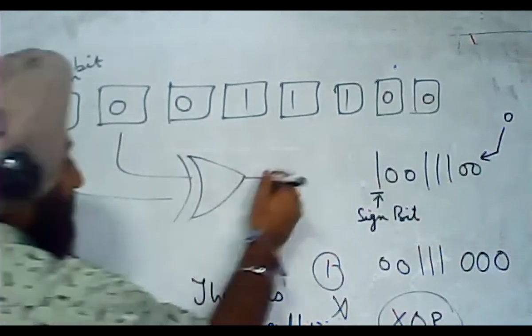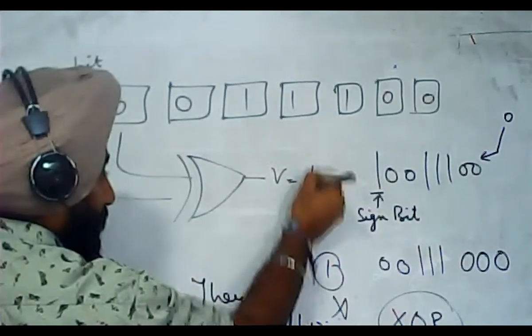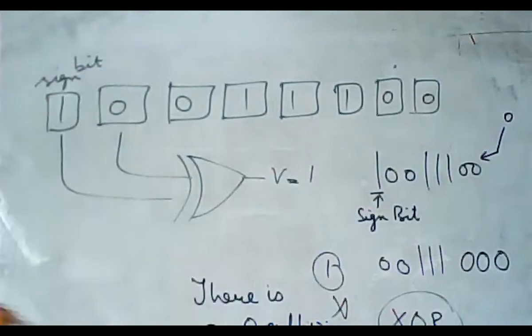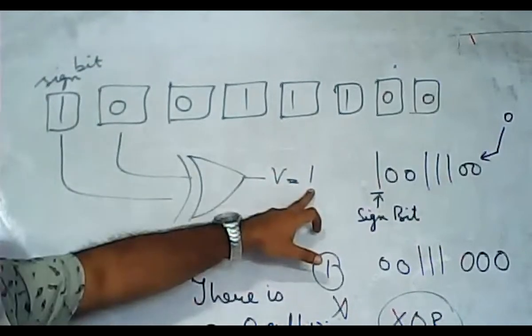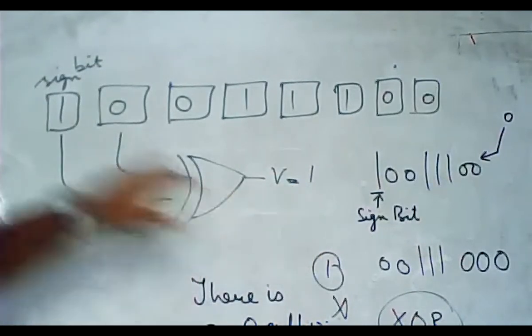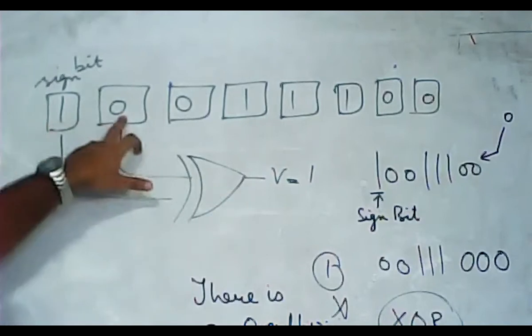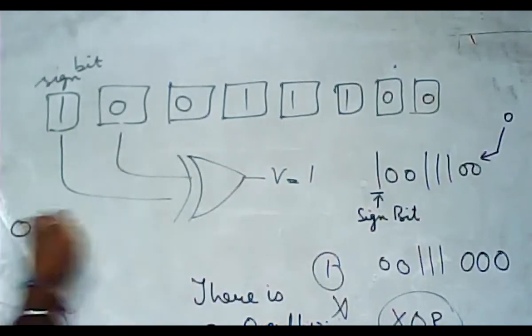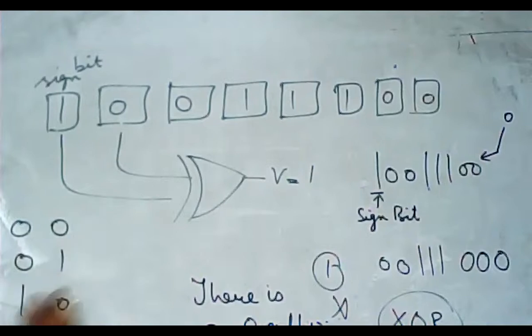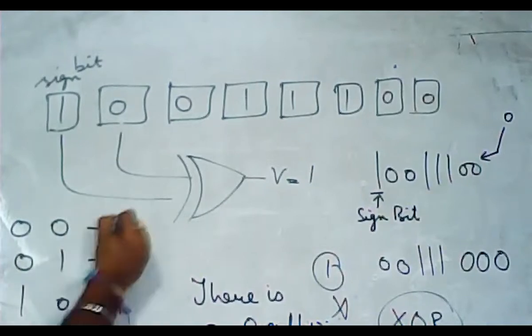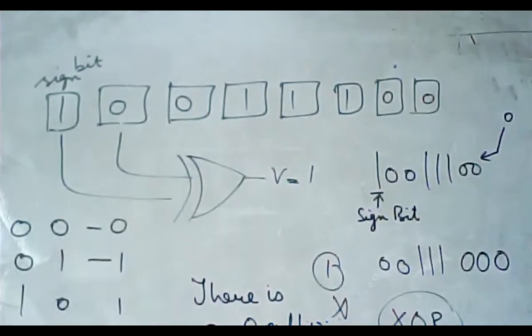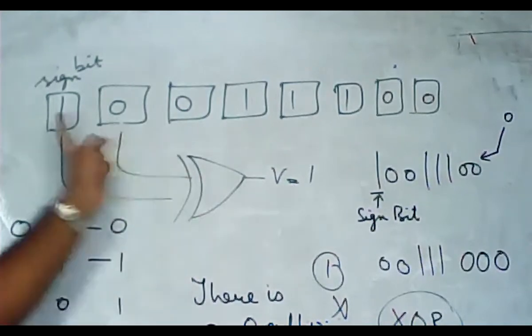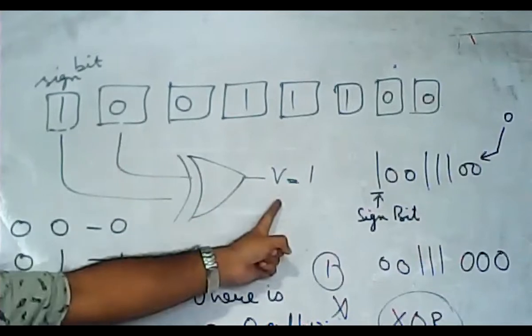If the value of V is equal to 1, there is overflow. Here you can see 1 0. In case of the XOR gate, you are getting 1, so V is equal to 1.